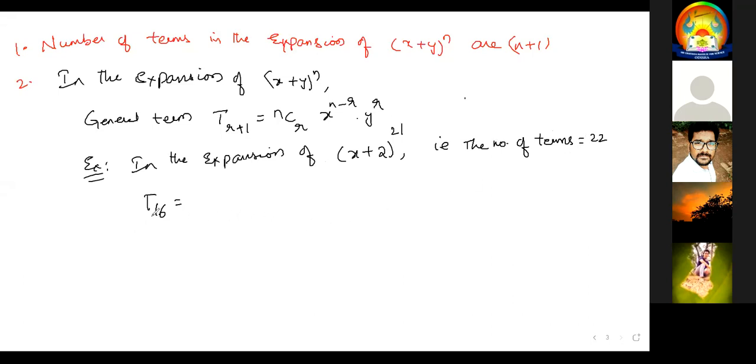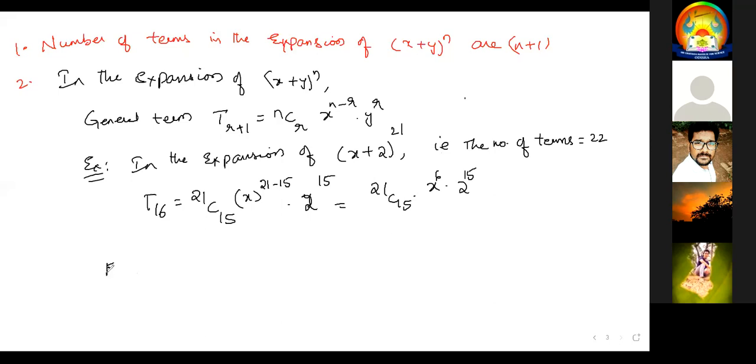In that, T16 I'm asking. Whenever I ask T16, you should write 21C15, decreasing 1, into x power, the subtraction of both, into 2 power 15. That is 21C15 into x power 21 minus 15, that is 6, into 2 power 15.